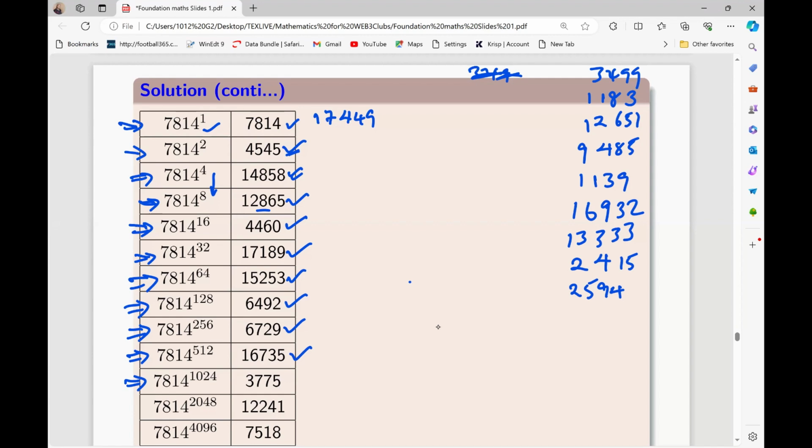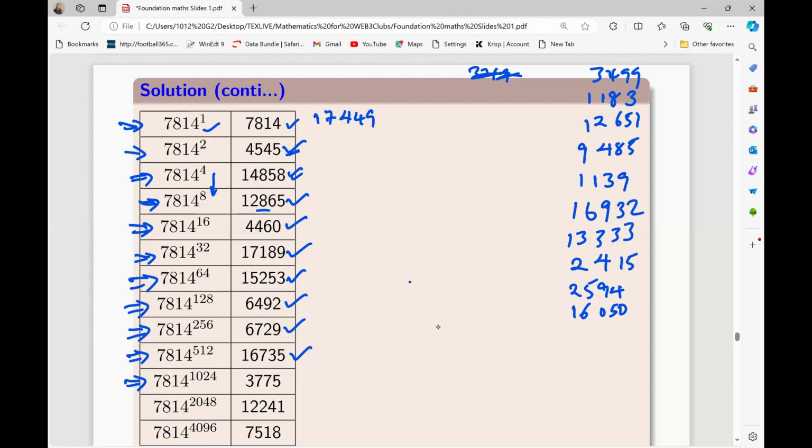After squaring, I'm getting 280,060,225. Divided by the same divisor, 17,449. It goes there 16,050 times.